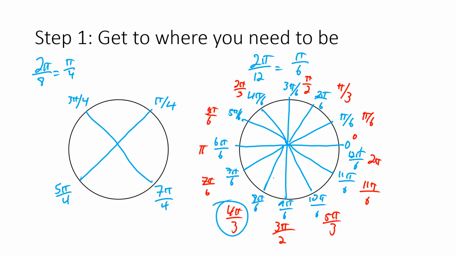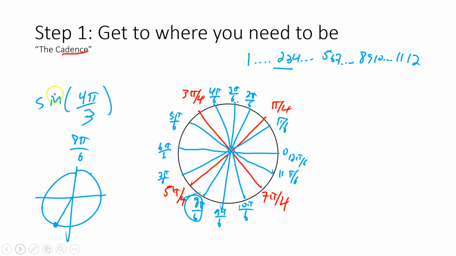So the whole point of this is just, can I get to the right spot on the circle to be able to evaluate that trig function? And we'll talk about how to get that sine value next. But first it's just, can I get to that actual value? So why don't you try it with a couple? Let's have you try to get to 2 pi over 3.